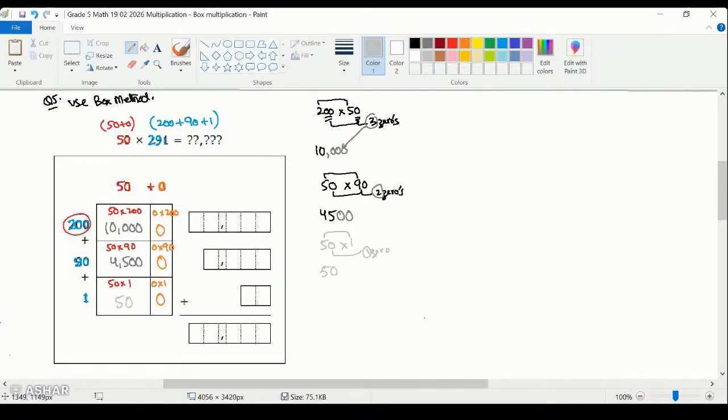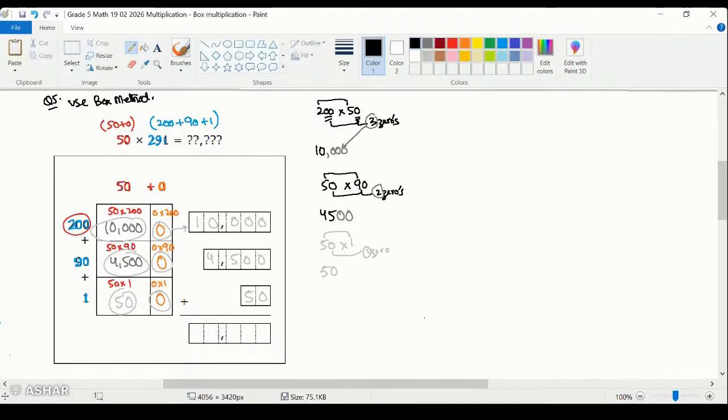Agreed? When we add these numbers together, it becomes 10,000. 4,500 plus 0 is 4,500. And 50 plus 0 is 50.